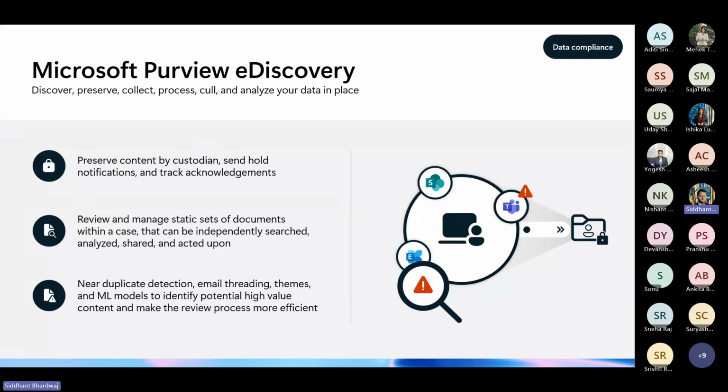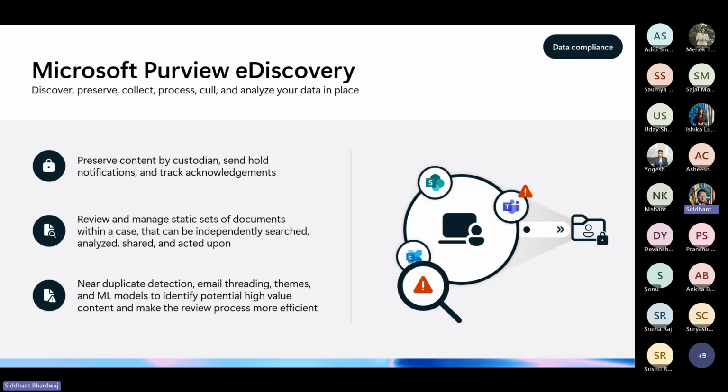Then from the compliance side, the next thing is investigation. Now, e-discovery comes in as a custodian, which basically holds, and sends notifications and acknowledgements. It reviews and manages static documents within different cases which are going on, and each can be independently created, searched, analyzed, and shared while being acted upon.